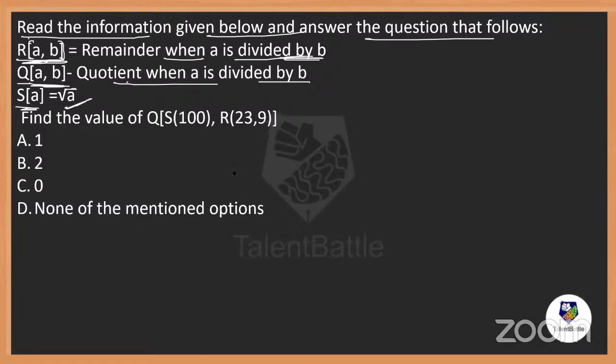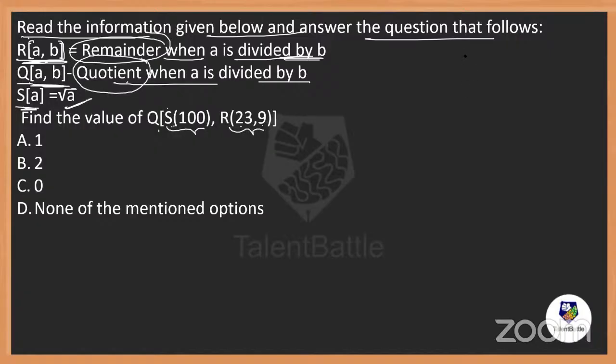Now you need to find the value of Q, then a bracket S comma R, and a bracket. First, we need to open the small brackets. And what exactly are the remainder and quotient?